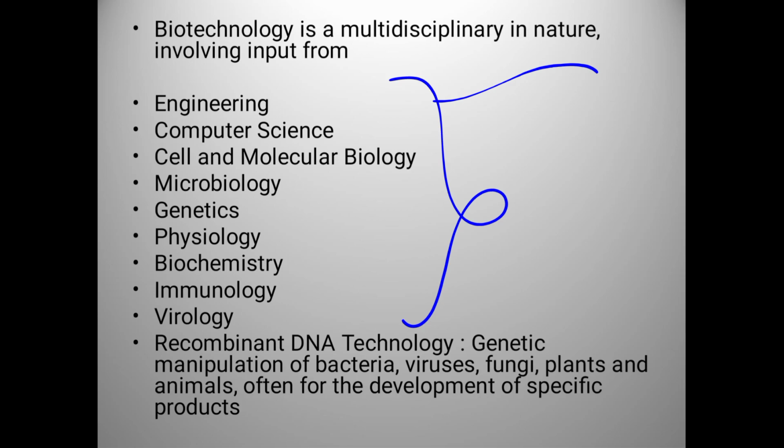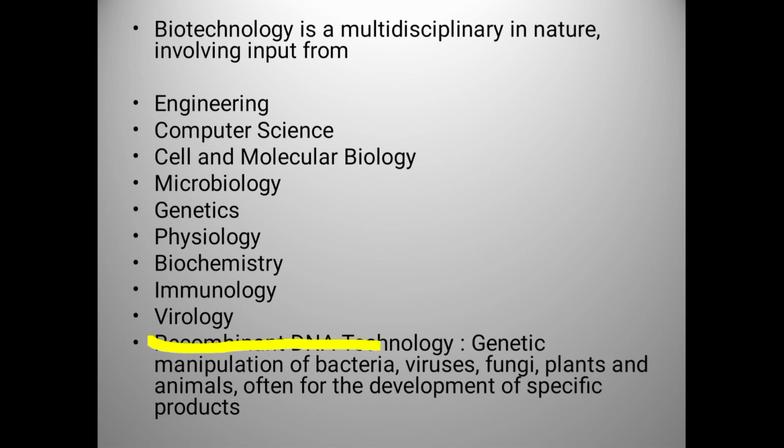And the most important topic of the scope of biotechnology is recombinant DNA technology. Recombinant DNA technology is very closely tied to biotechnology, because the whole of biotechnology depends on recombinant DNA technology.